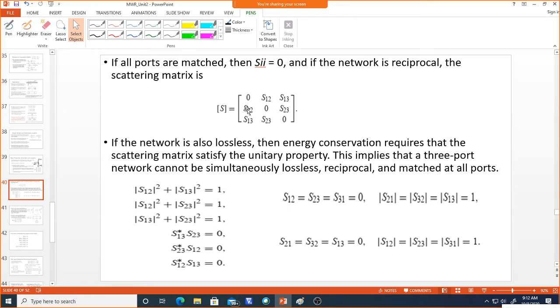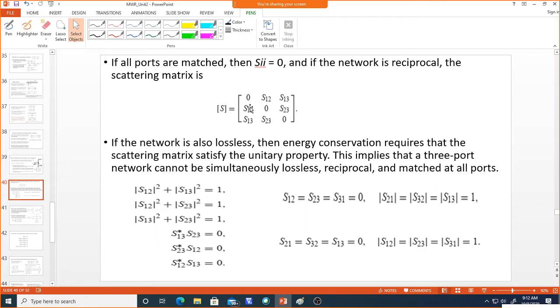The same column multiplied with itself should satisfy the unitary property. In a similar way, for the second column you get S12 squared plus S23 squared, and for the third column S13 squared plus S23 squared. All will be equal to 1.